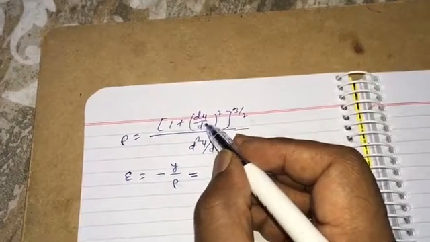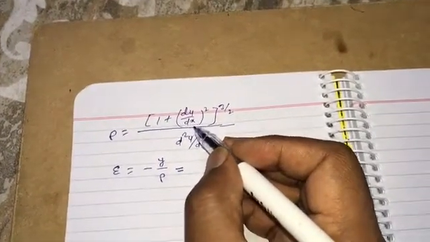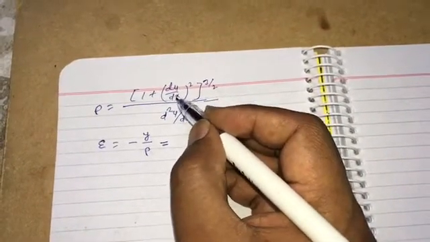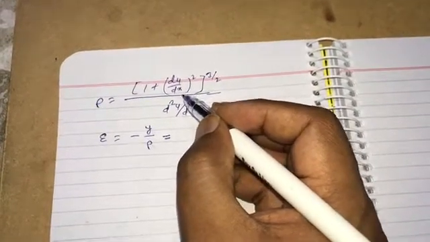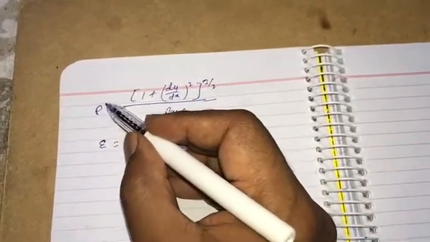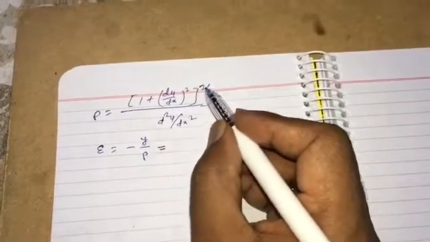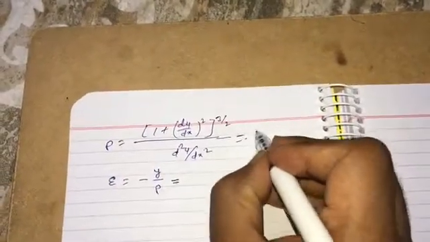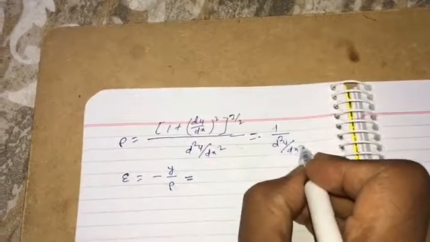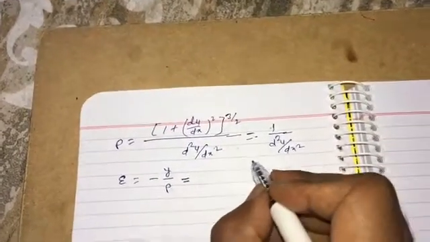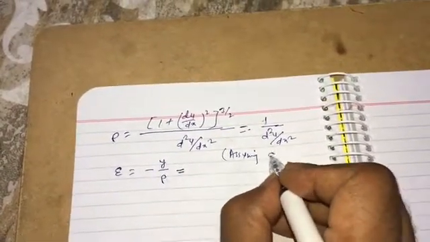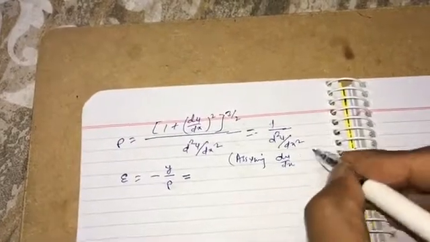So this is a linear beam deflection problem, meaning that du over dx is very, very small, and that really means rho will have only 1 over d square u over dx square, assuming del u over del x is very small.